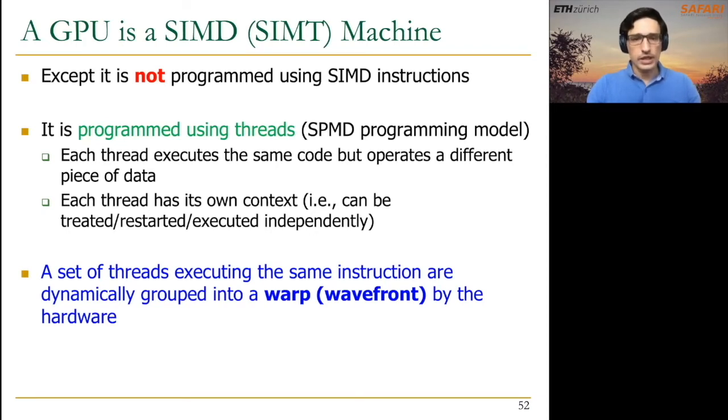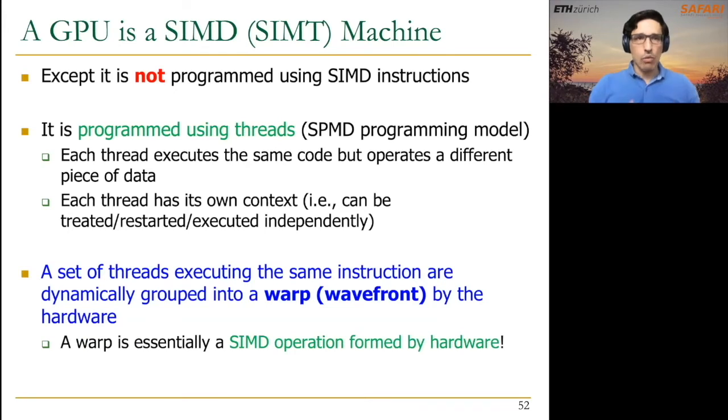We are going to take a closer look at this. So a warp, for an easy definition, is essentially a SIMD operation formed by the hardware dynamically and transparently to the programmer, who only needs to worry about writing code for individual threads.